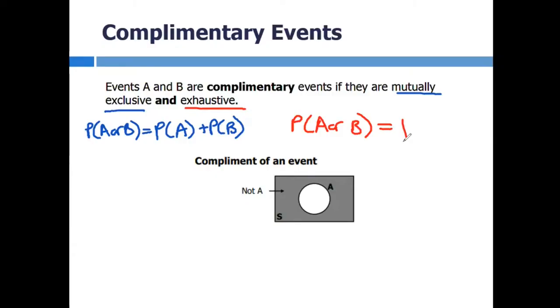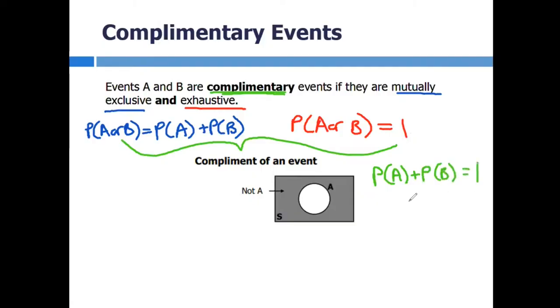So if we were to combine these 2 concepts to get our complementary, we're basically saying it has to be both of those. It has to be the blue guy and the red guy, which tells me the probability of A plus the probability of B is going to be equal to 1. Okay, because the A or B is equal to this bit, and the A or B is also equal to 1. So those 2 together make complementary events.